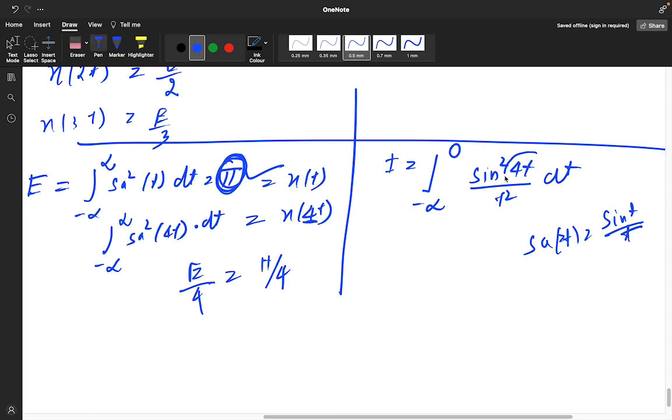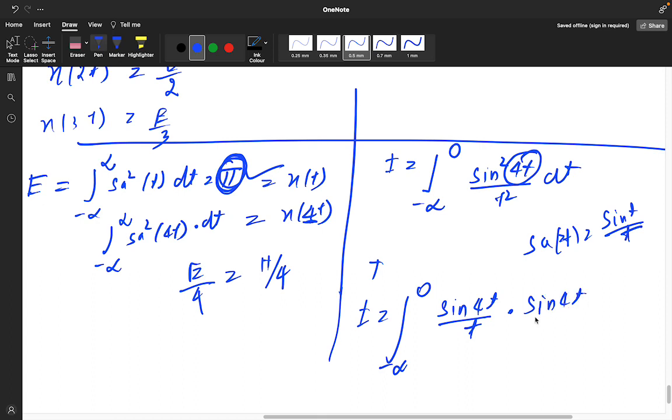But in the function you are getting 4t. So you write this as the integral from minus infinity to 0 of sine 4t divided by t into sine 4t divided by t into dt. What is missing is here downside.